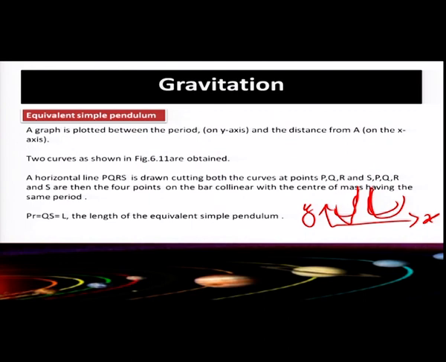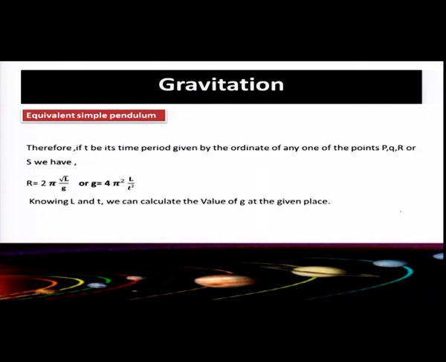This is P, this is Q, this is R, and this is S. The horizontal line PQRS is drawn cutting both the curves at these points. Let PR be equal to QS equal to L, the length of the simple pendulum.